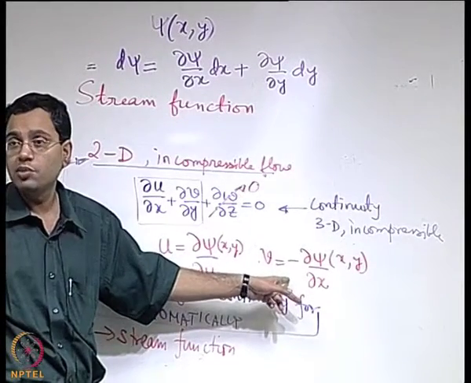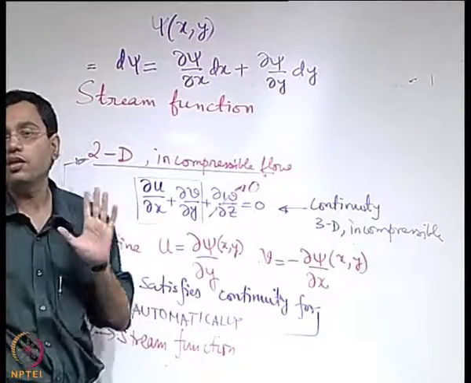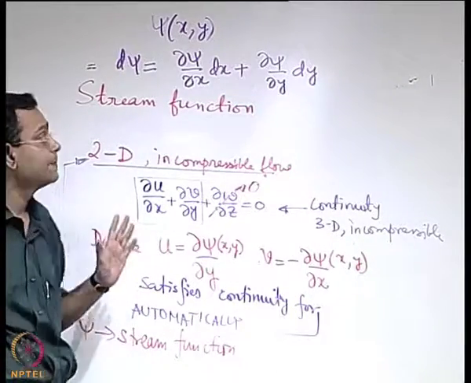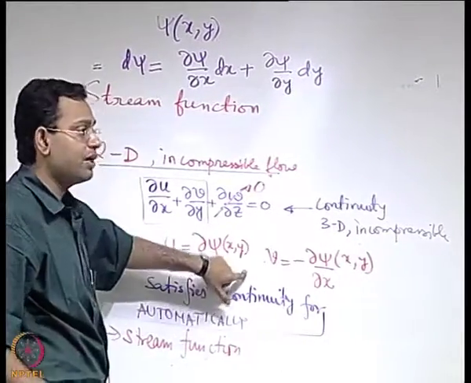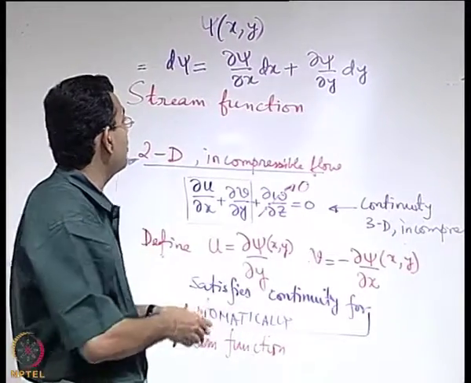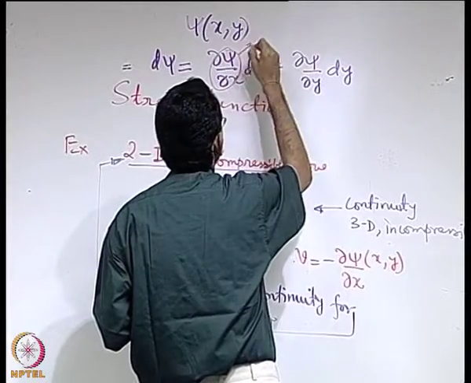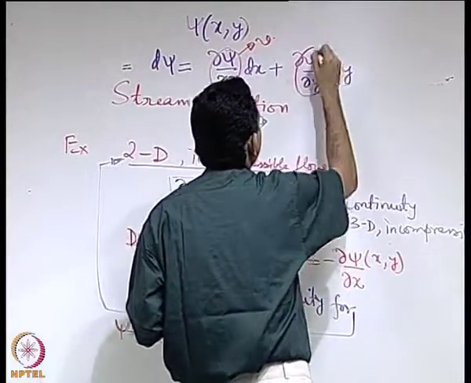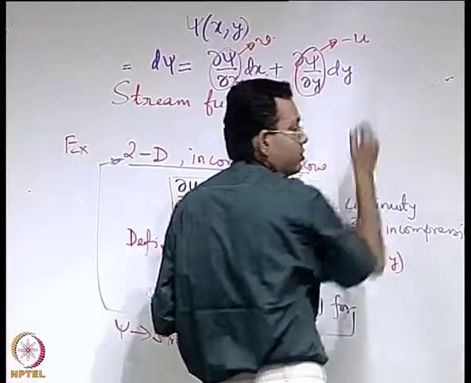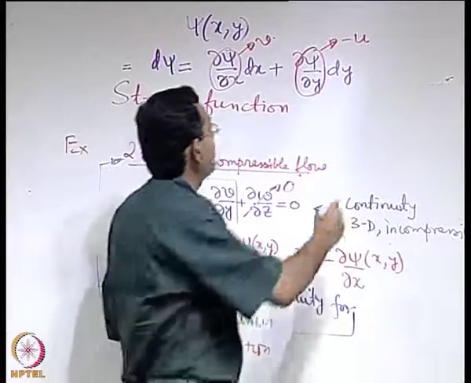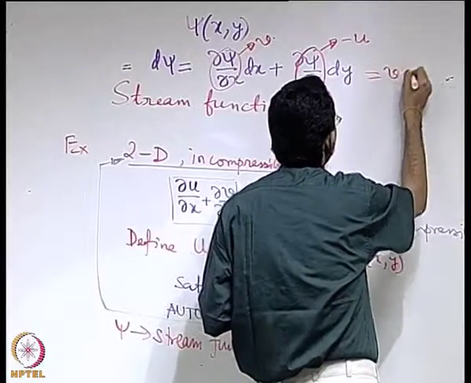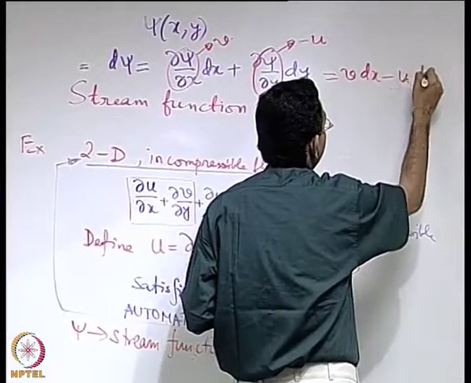Nothing is wrong, because your objective is to satisfy the continuity equation, nothing more than that. So if we take this particular definition, then in place of the first term you can write v, and this as minus u. So this will become v dx minus u dy.